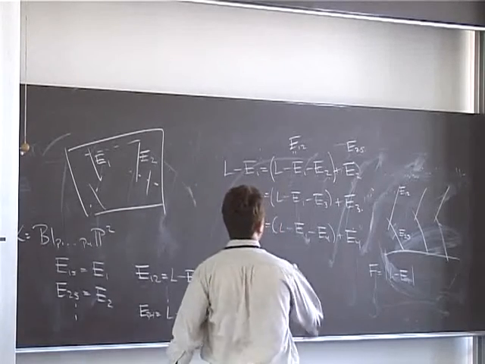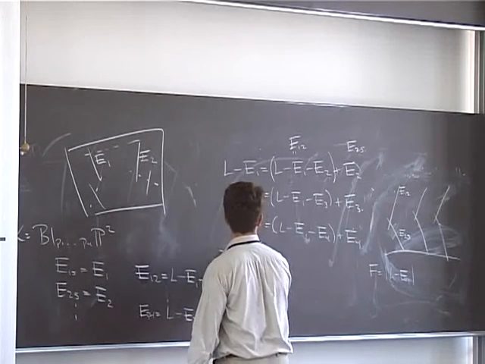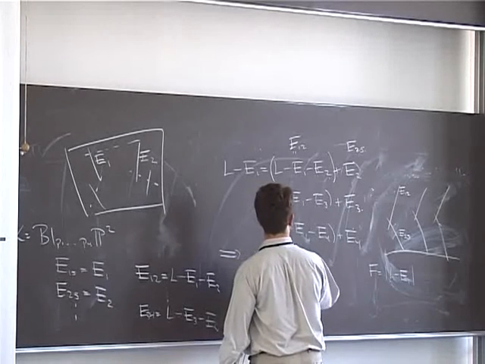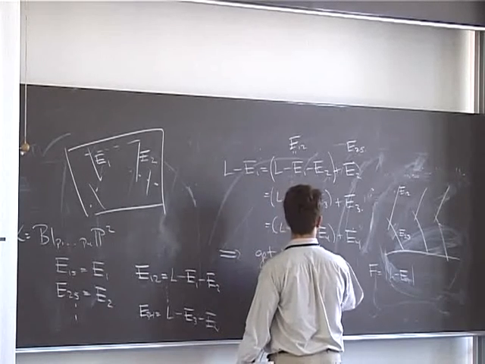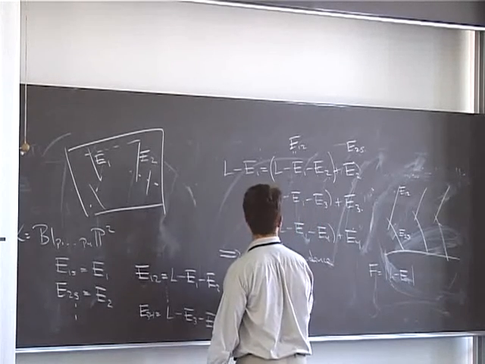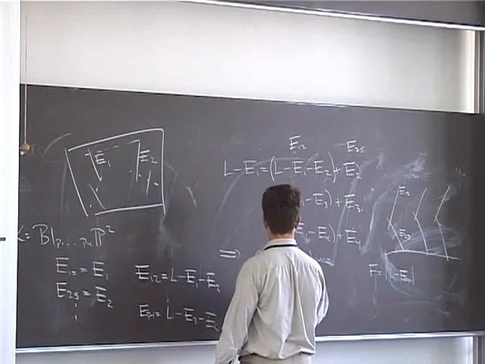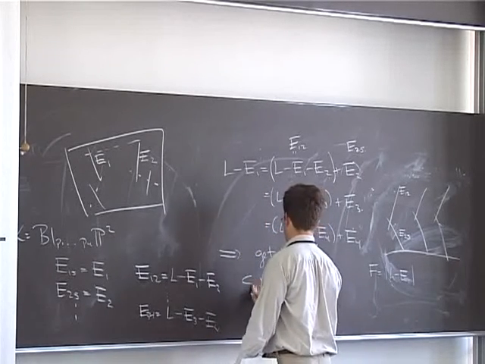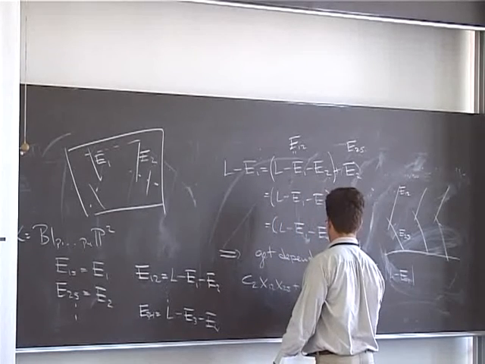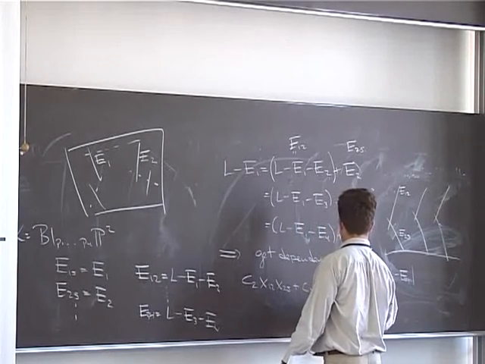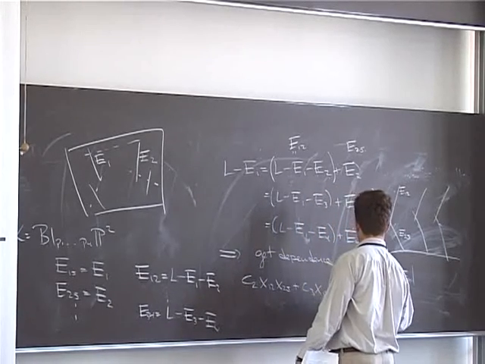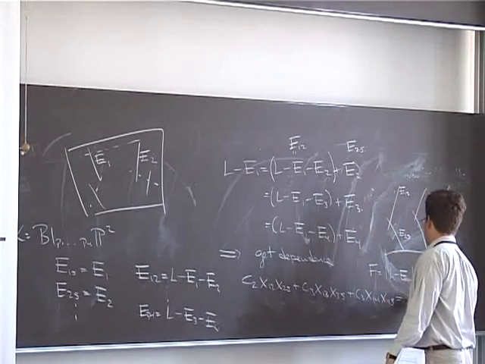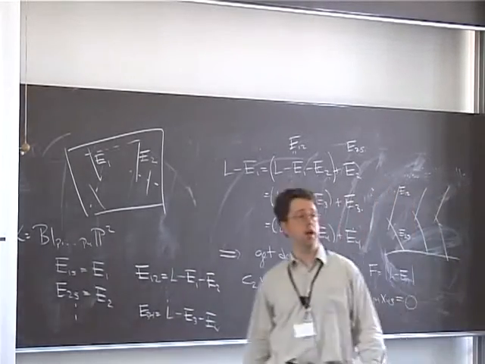So what this implies is that we get a dependence relation: C1 X12 X25 plus C3 X13 X35 plus C4 X14 X45 equals 0 in the Cox ring.